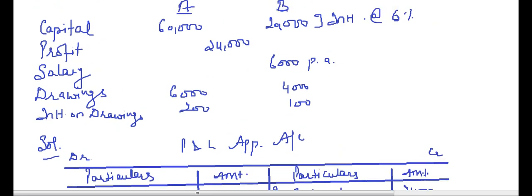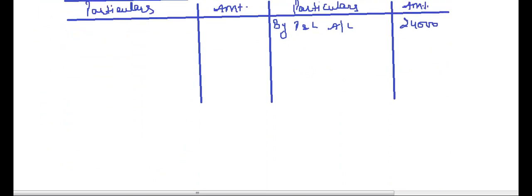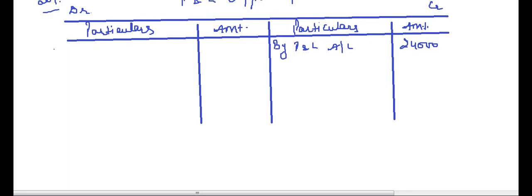Second, we have interest on capital. The capitals are 60,000 and 20,000 and interest is to be paid at the rate of 6%. So what will be the interest? Let's see. We'll say to interest on capital.